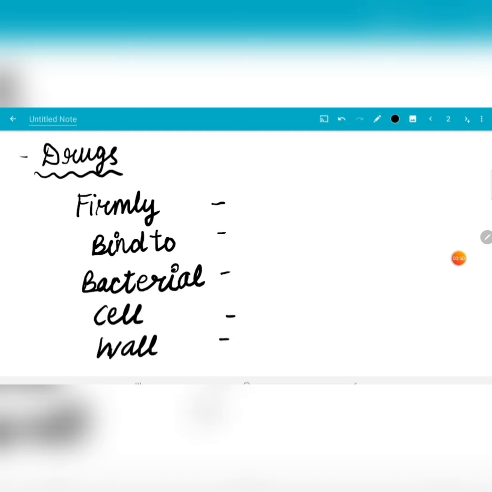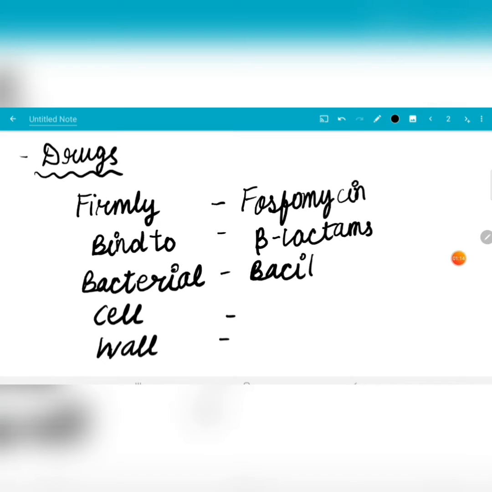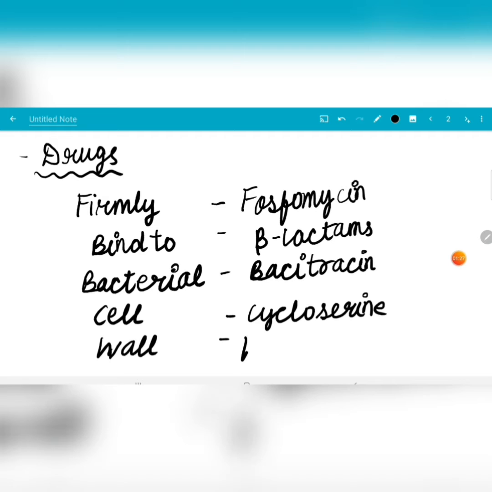Cell wall synthesis inhibitors include F for fosfomycin, B for beta-lactams, bacterial, B means bacitracin, cell means cycloserine, and wall means V, vancomycin.